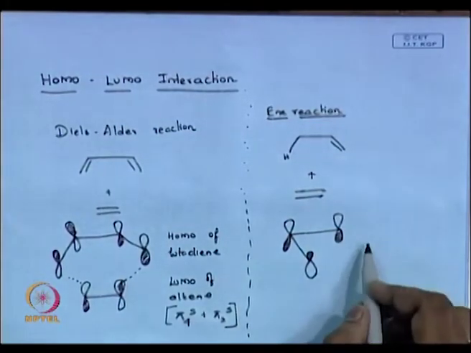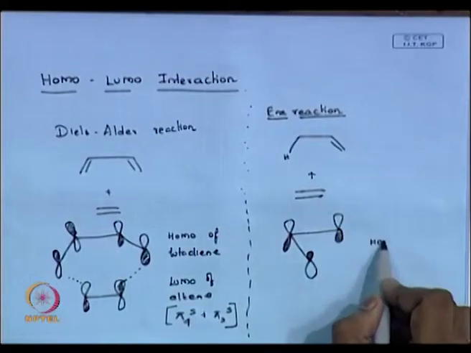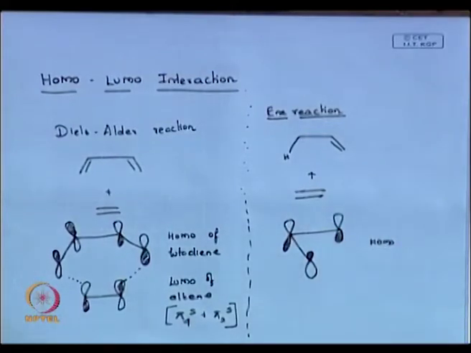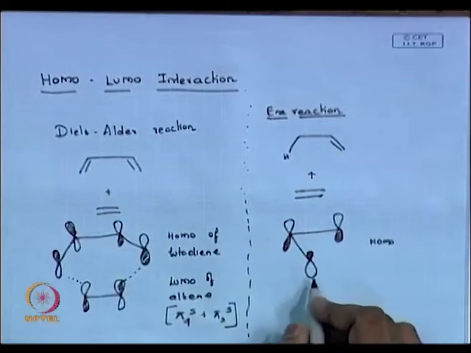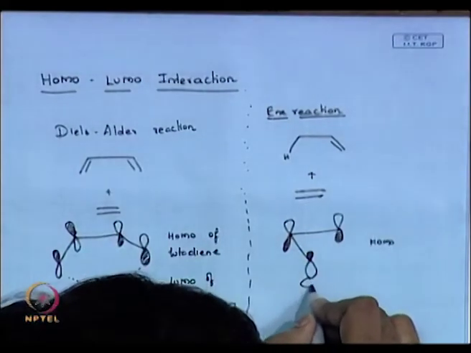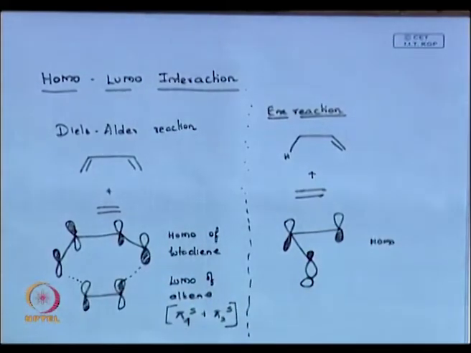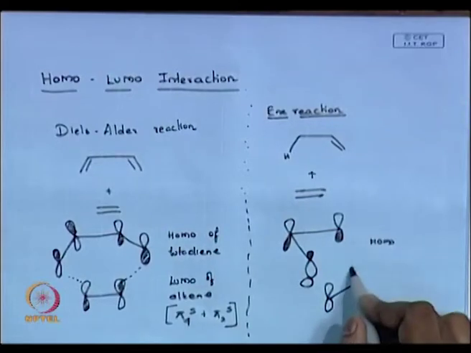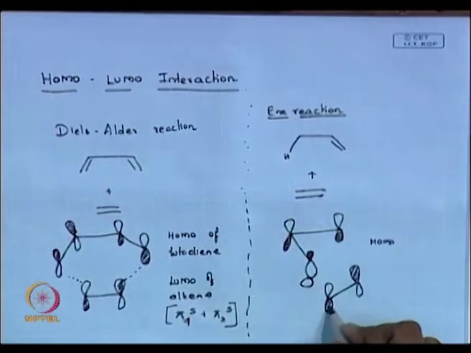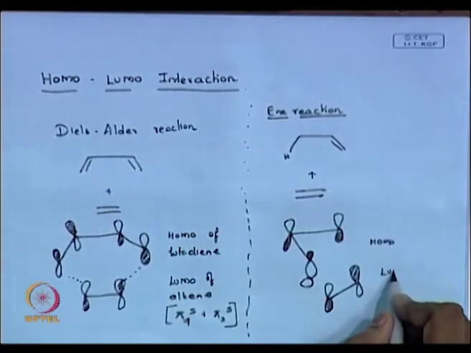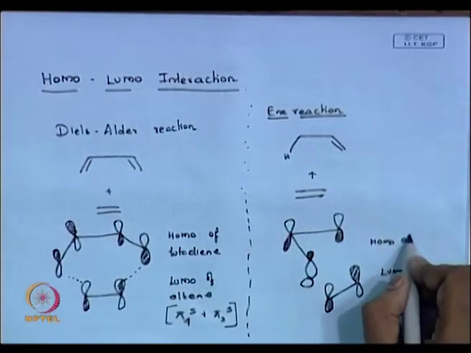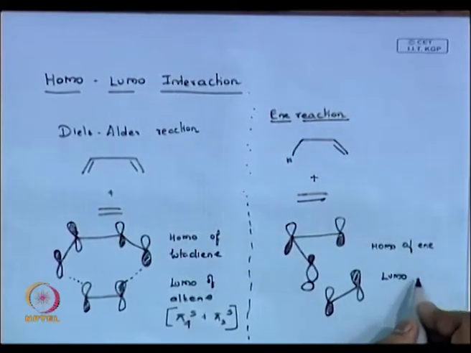This should be the HOMO of your ene system, and you have a hydrogen here. Then you will be drawing the LUMO of your alkene. So, it will be the HOMO of the ene and the LUMO of your alkene.